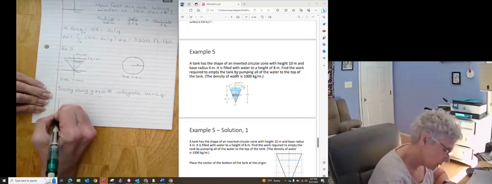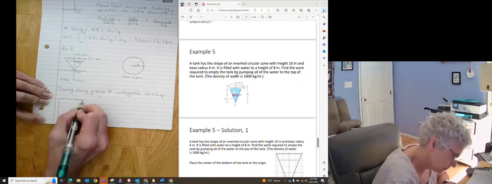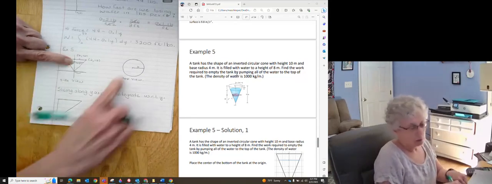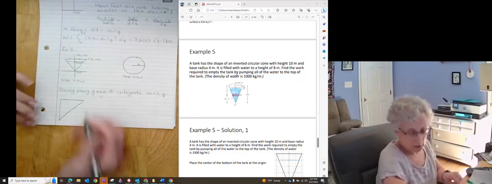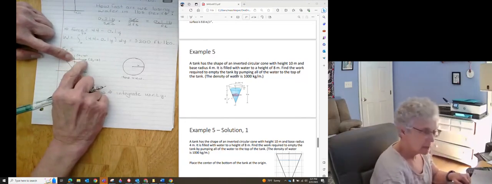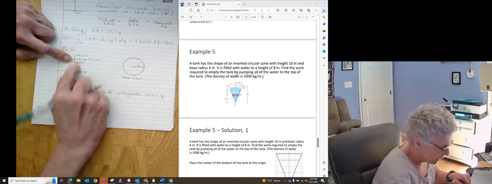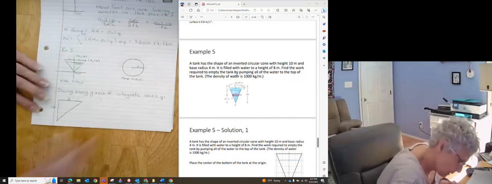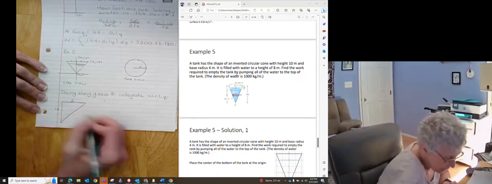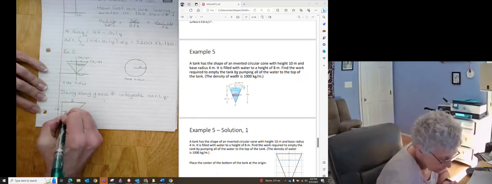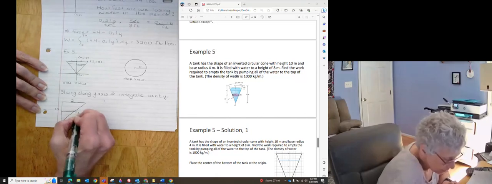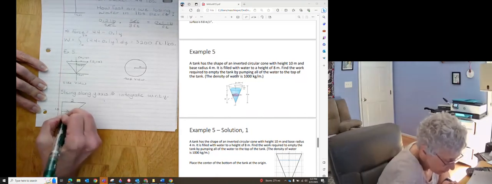Well, I'm going to use similar triangles. And I'm going to look at just half of the triangle because I really only want to know the radius. So this is going to be equal to 2 because that's the base radius here. And then the height is equal to 10. Every triangle of my x and y coordinates as it's moving up the triangle here, the water level would be x, y.